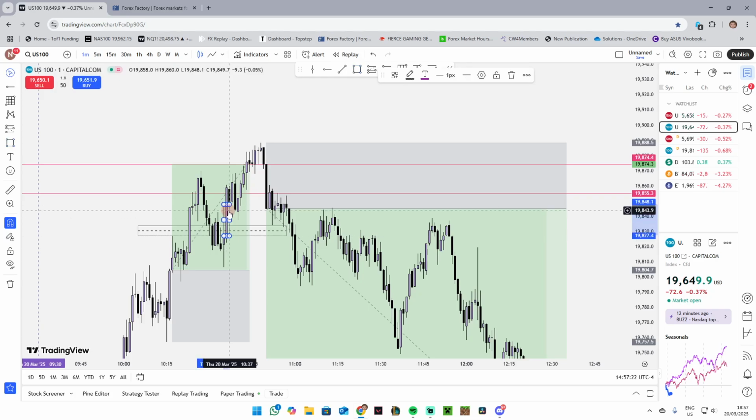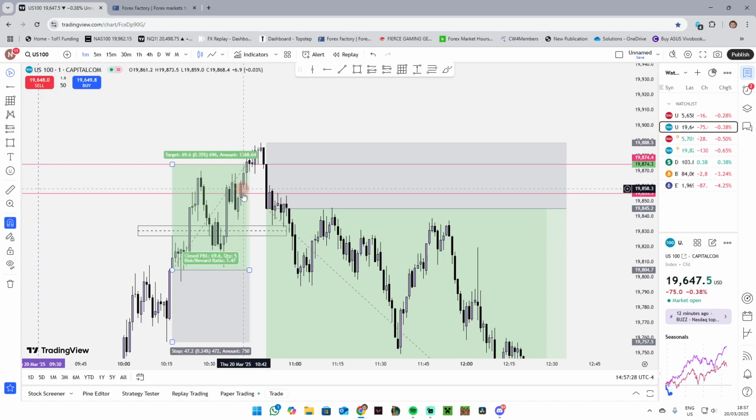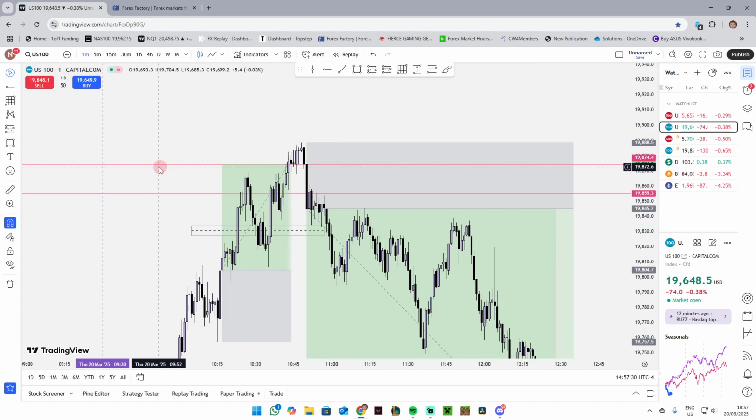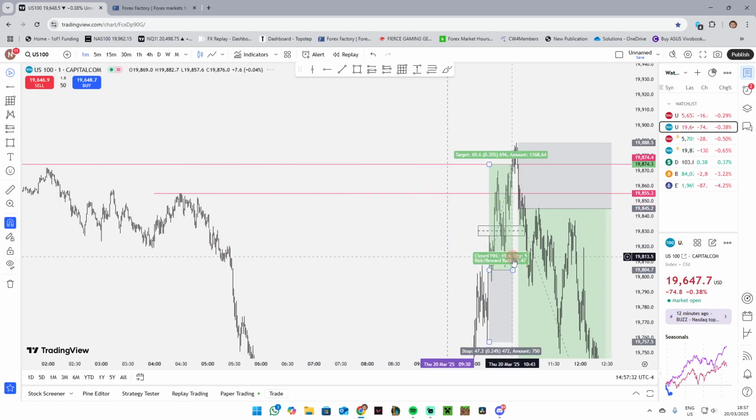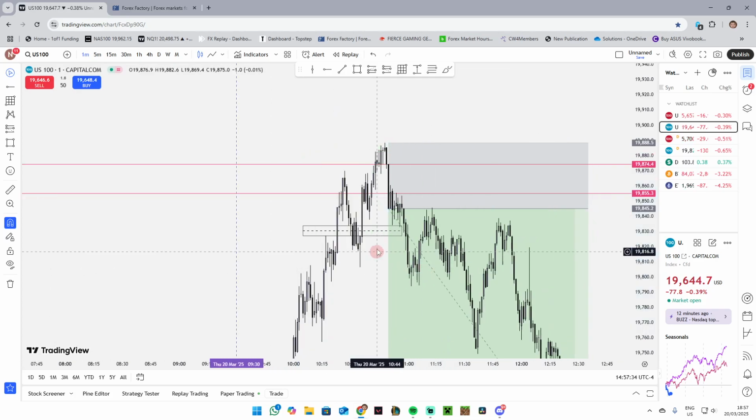First one was this, trying to see the inverse and the change of state, but it didn't happen. We take our final take profit for this up trade, the first trade actually. So I just deleted that.